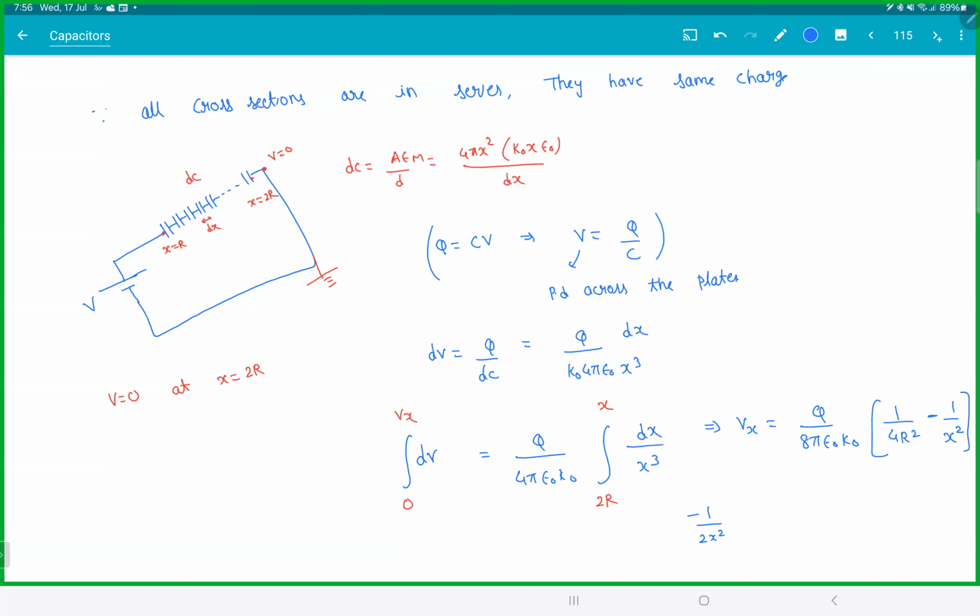Yeah, something like this. I think it should be reverse. Check kar lena. You got the point. I'll leave the calculations to you.